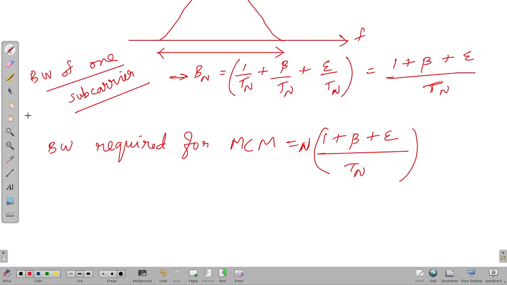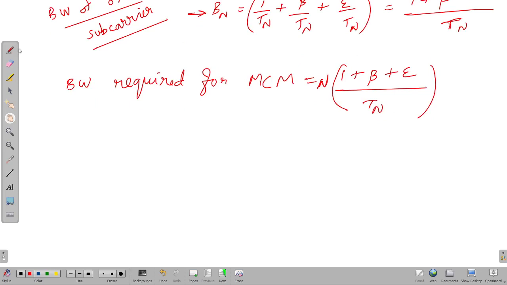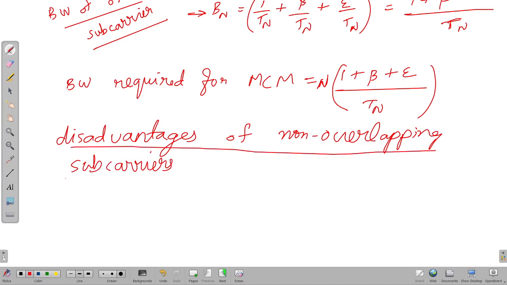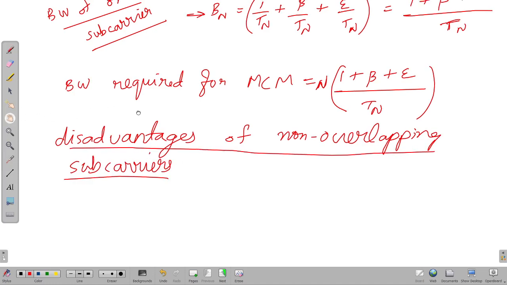And what are the disadvantages of this type of multicarrier transmission? Disadvantages of non-overlapping subcarriers.